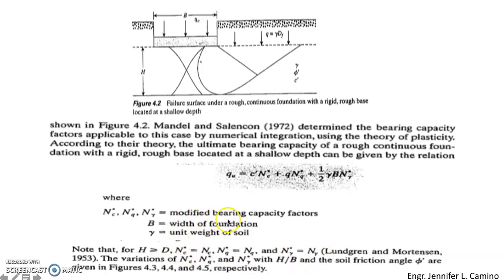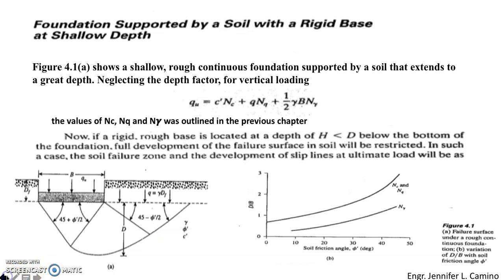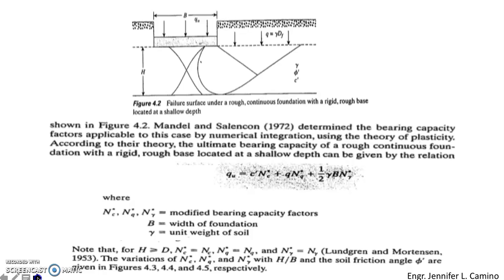Meaning to say that the modified bearing capacity factors would be equal to the original bearing capacity factors if D is greater than H. So this is our H, and D is the distance from the base of the foundation towards our failure surface within the shallow depth foundation.